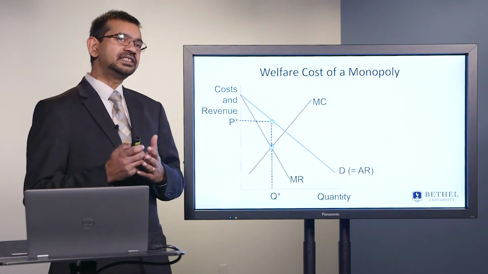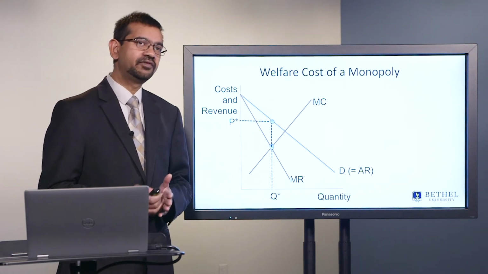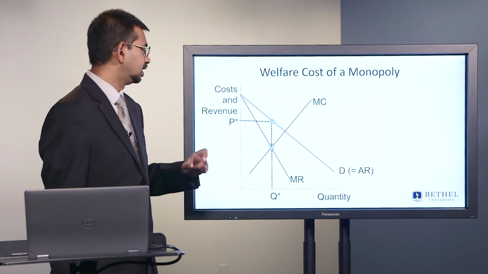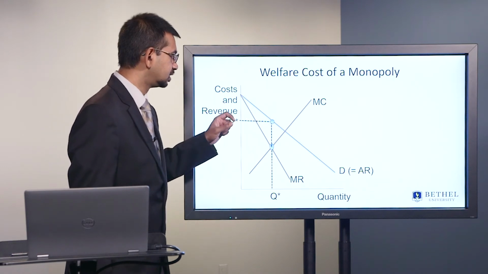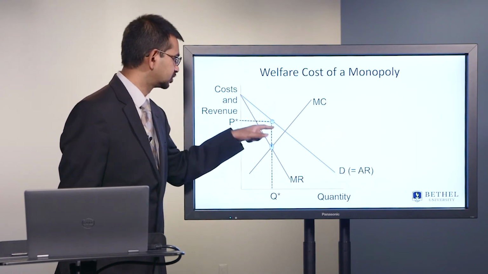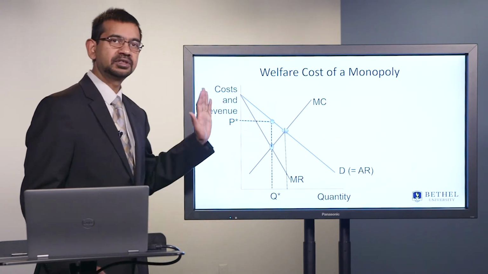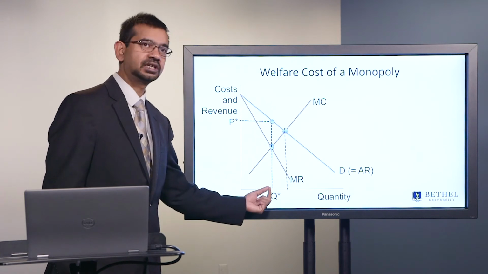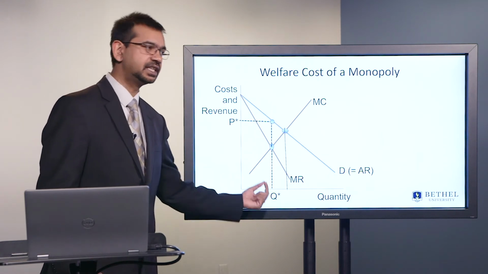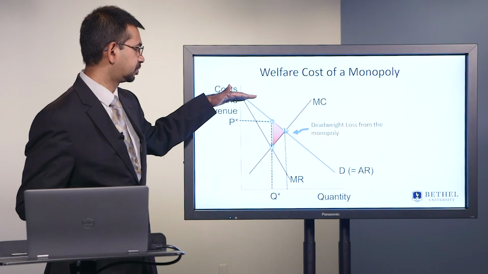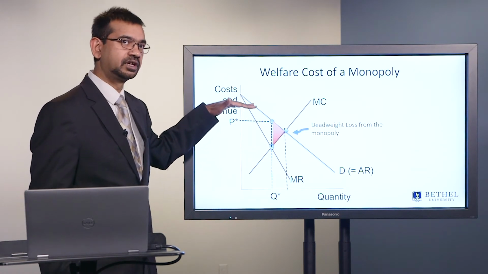So now let's examine the effect of welfare on a monopoly. If there is competition, the optimal output will be where the marginal cost hits the demand curve. A monopolist, though, keeps quantity limited to Q star. So a monopolist is producing less and charging a higher price than what a competitive firm will charge.